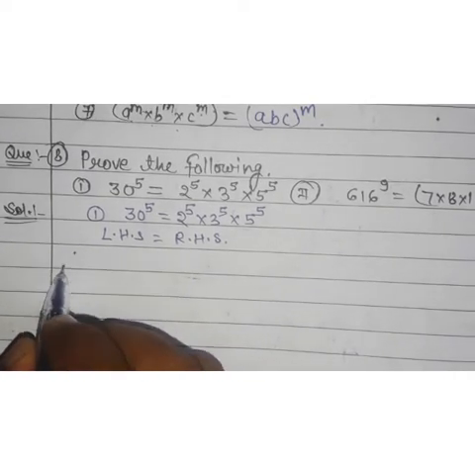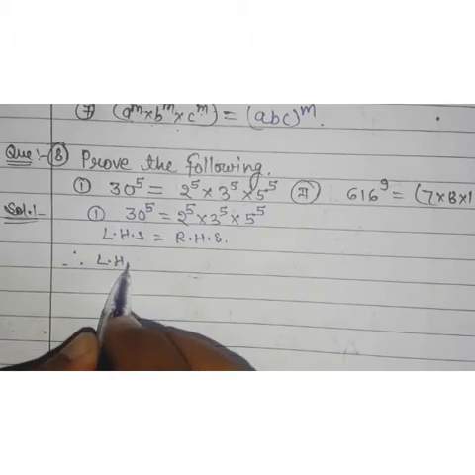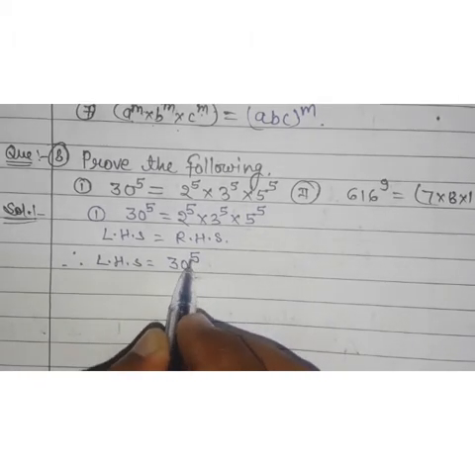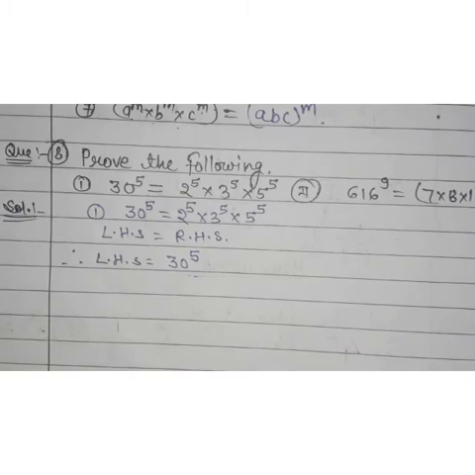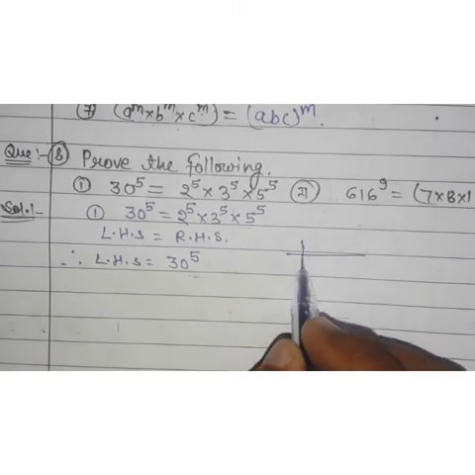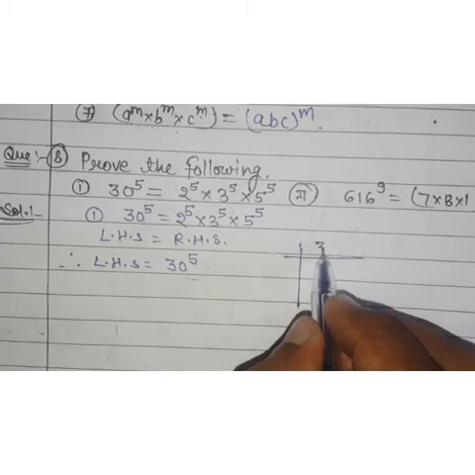Therefore, left hand side is equal to 30 to the power 5. What is given there? 30 to the power 5. Firstly, find its factors of 30.